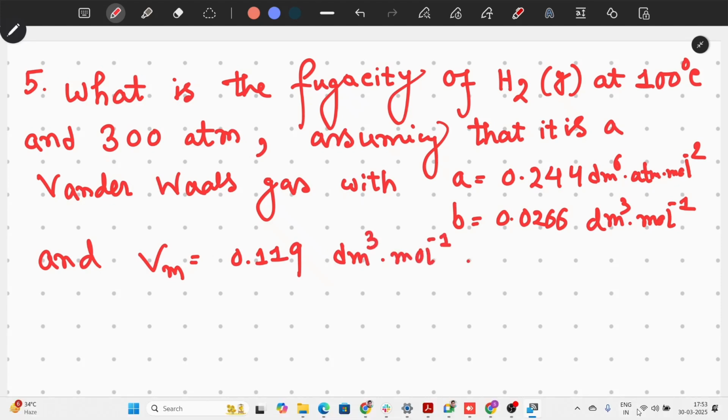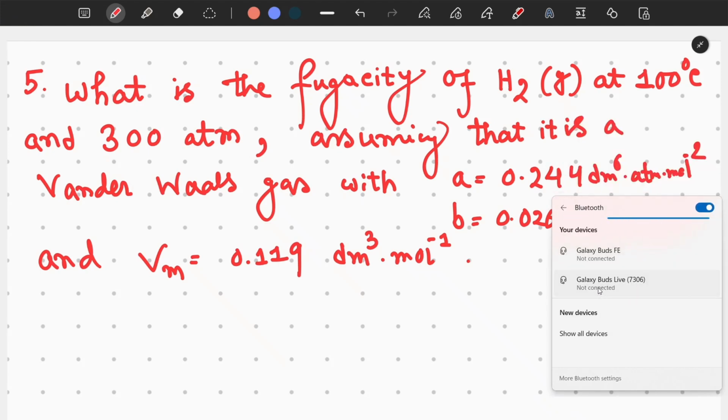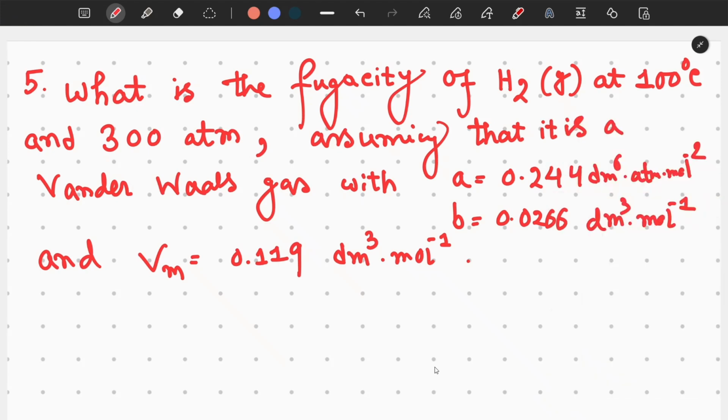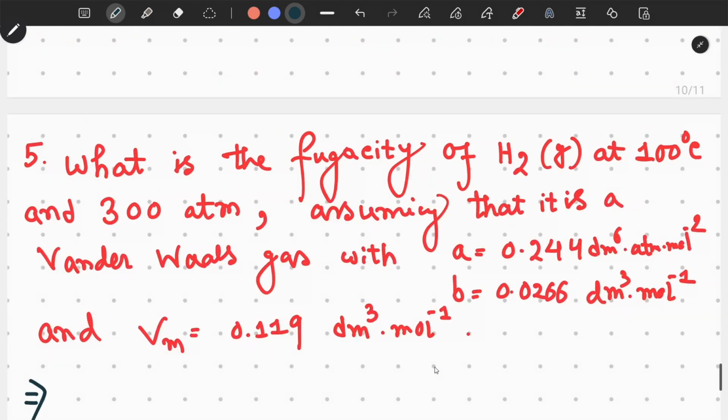Okay, I think it's doable. Please wait. What is the number of moles? 1 mole, because Vm is given, no?